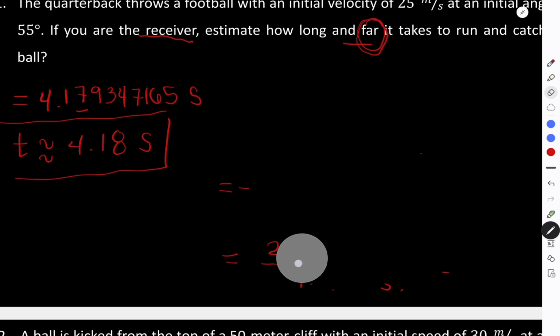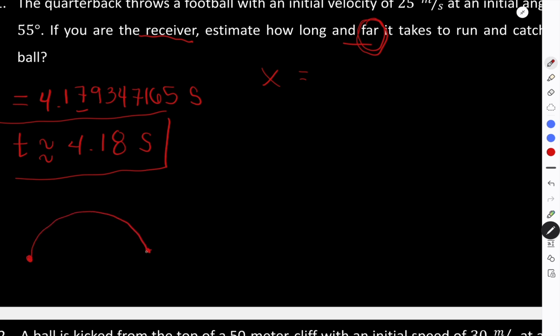It is the final position, because when you say how far, if this is our point here and the ball is thrown like this, going by our final position, it means this side, right? How far? Then again, that is our x-axis. Now we have our initial velocity in x component multiplied by the time.